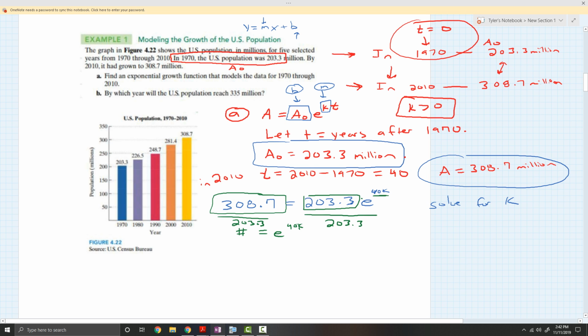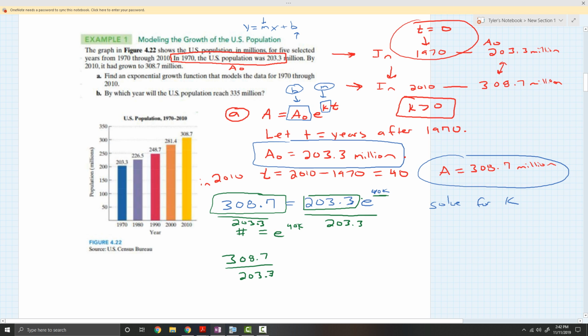What I'll end up getting is 308.7 divided by 203.3. And I'm not going to plug that in my calculator and try to get a decimal approximation. I want to keep this as exact as possible until the end. You don't want to use a rounded answer just to get another answer that you're going to round.